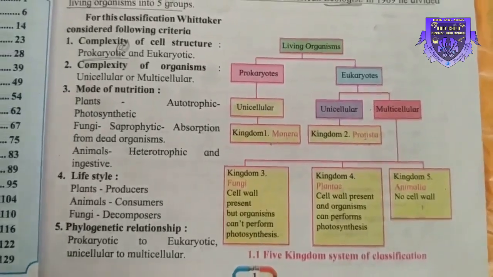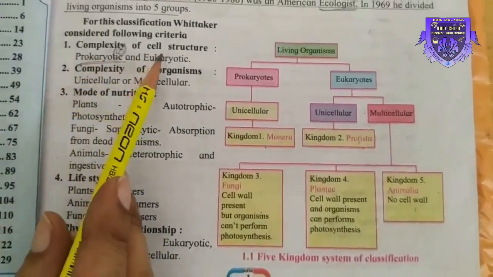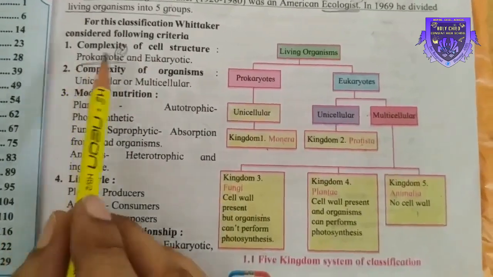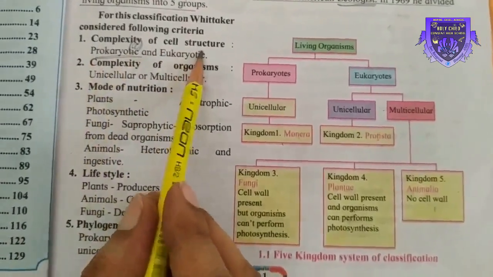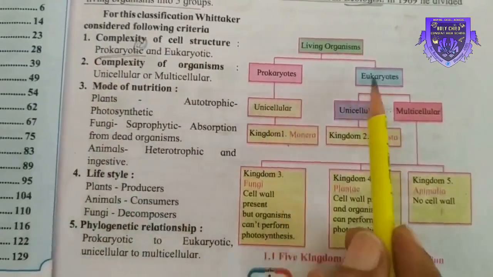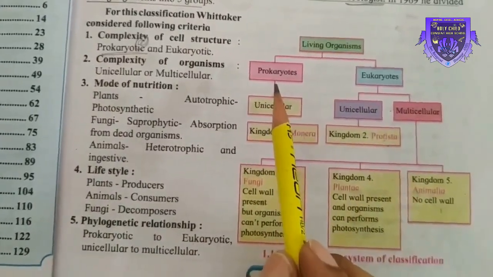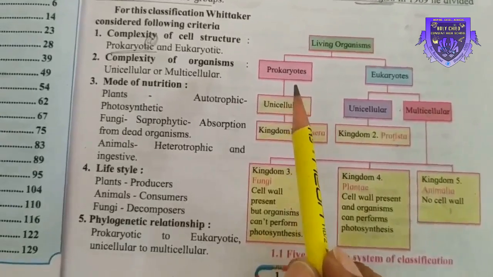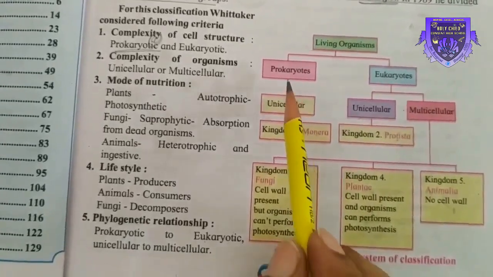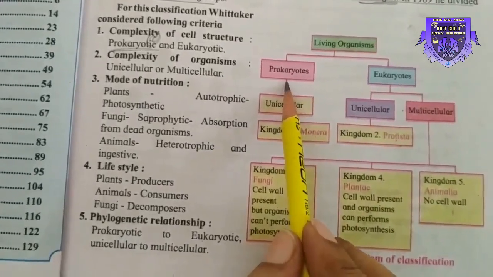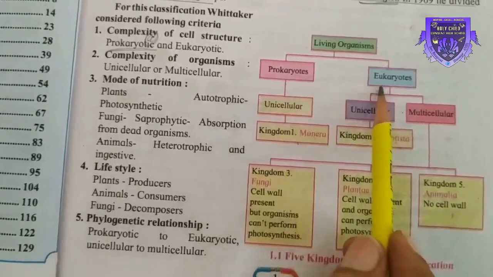First criteria is the complexity of cell structure. On this basis, an organism can either be prokaryotic or eukaryotic. When the cell doesn't have differentiation of different organelles and nucleus, it is called prokaryotic, and when it is opposite, it is called eukaryotic.